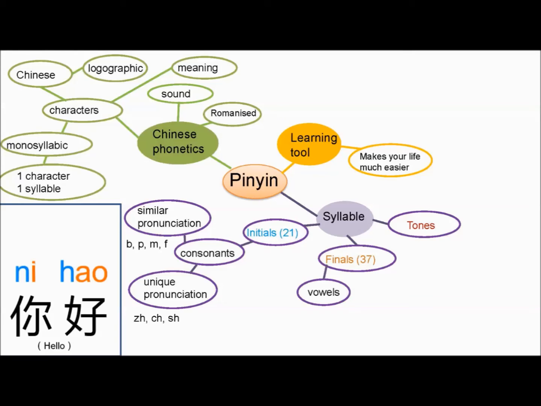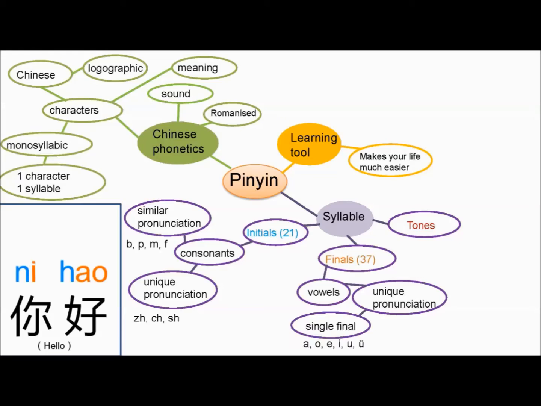Then let's take a look at finals. Like vowels in English, they are the core of a Chinese syllable. When you write a Pinyin, you write the final down after the initial, and it should be located at the right-hand side of the initial. There are 37 finals in the Pinyin system. Most of them do not share the same pronunciation with English alphabets.